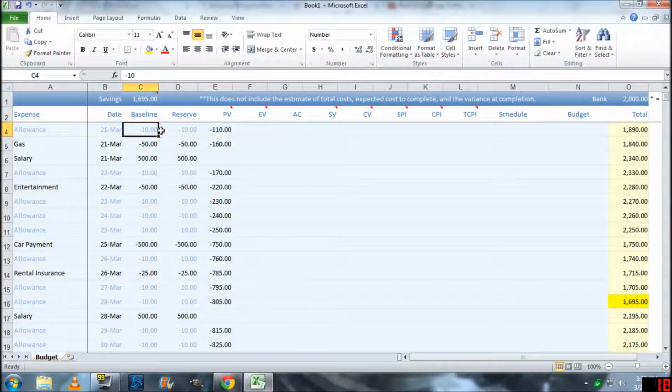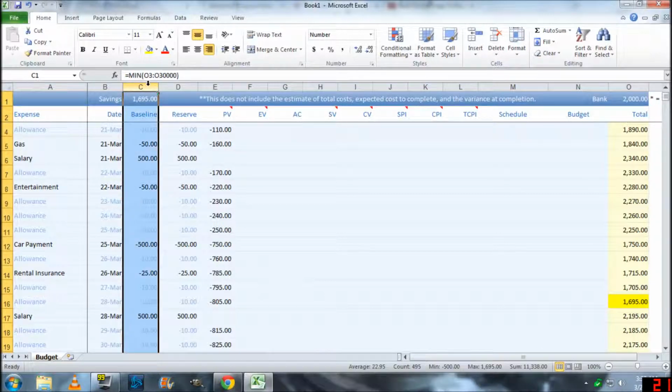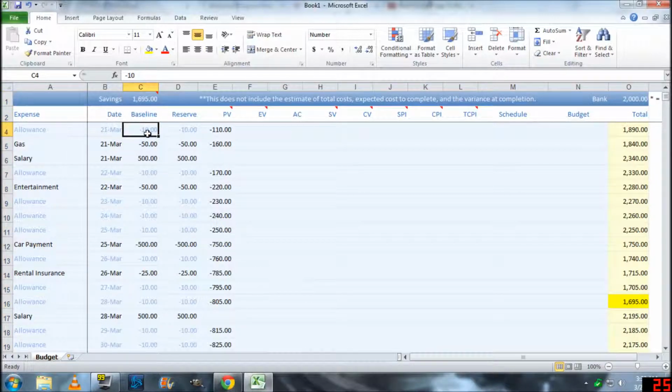What I have here is the baseline. Baseline is basically the cost that you think, which is also called the planned value in project management. But in budgeting, I separate that from the planned value. In my own personal budgeting, sometimes I add 10% of the baseline cost.